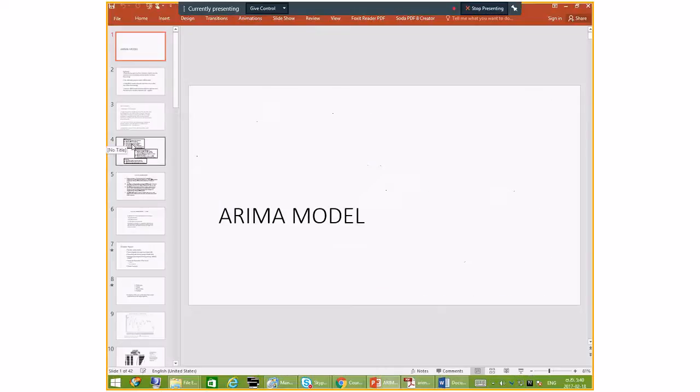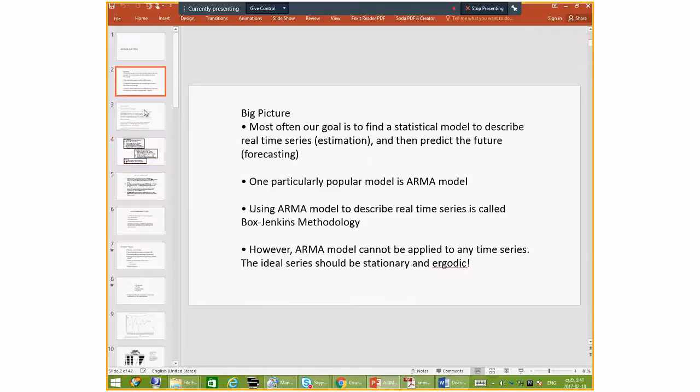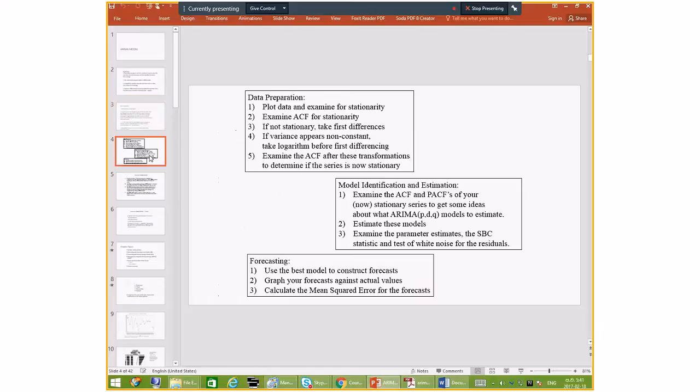Right, in the ARIMA model, this is the data preparation plot. If you have a data series for forecasting, first plot the data and examine the stationarity by using the correlogram.